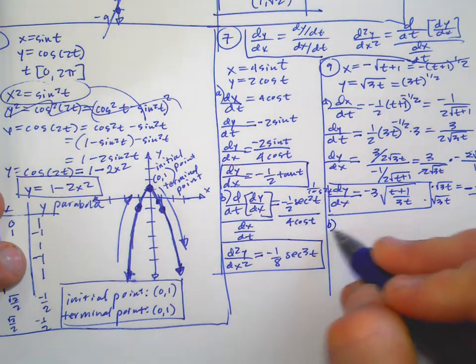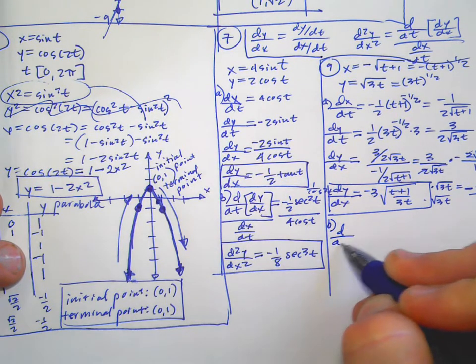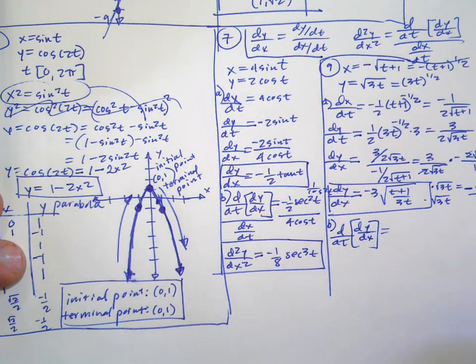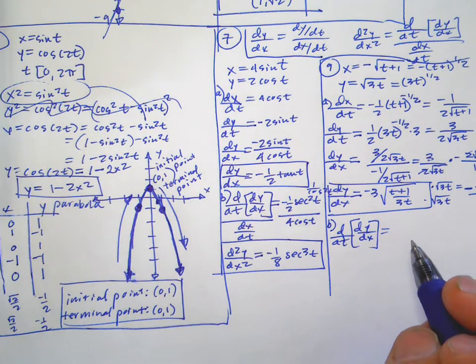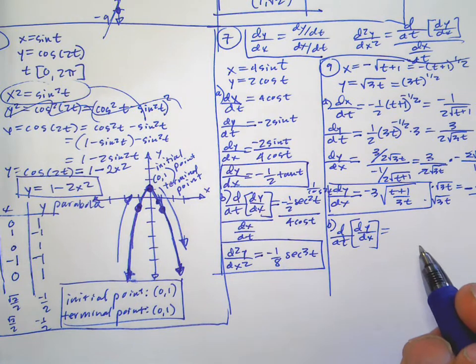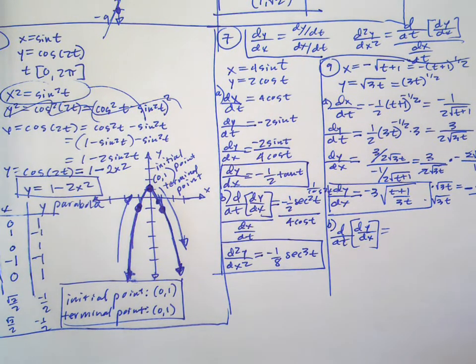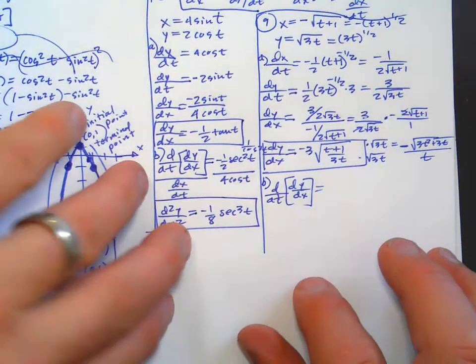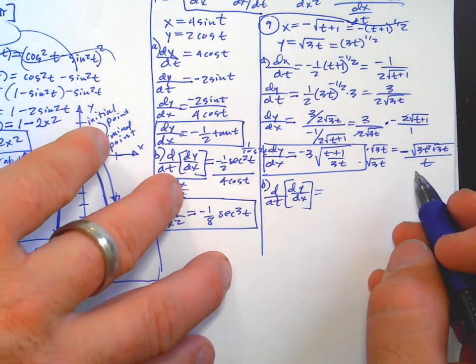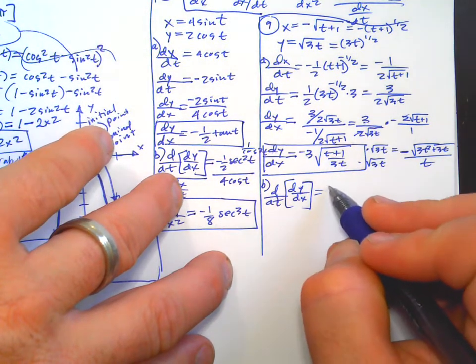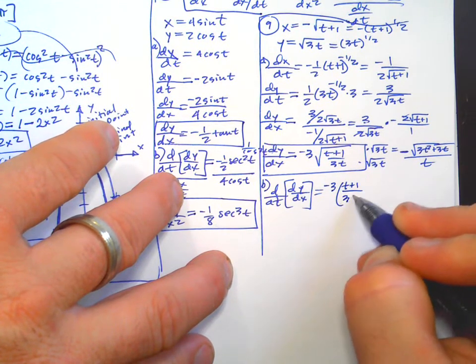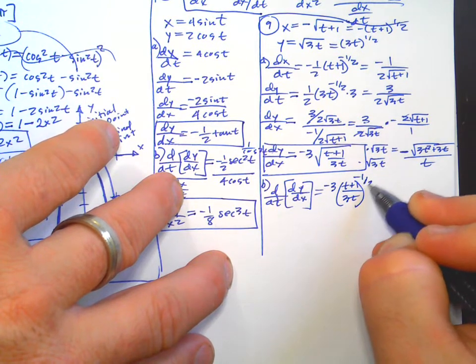Then second derivative. Take the derivative of dy/dx. That's going to be messy, unless we clean it up. I don't know. This one's going to be a little fun. So t plus 1 over 3t to the negative 1/2 times the derivative of what's inside.